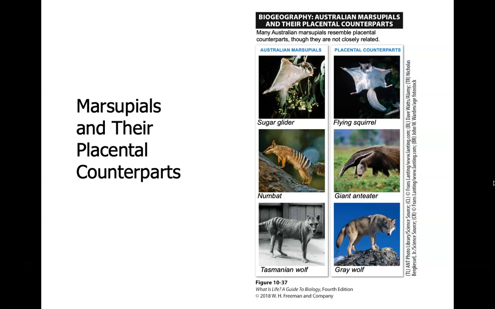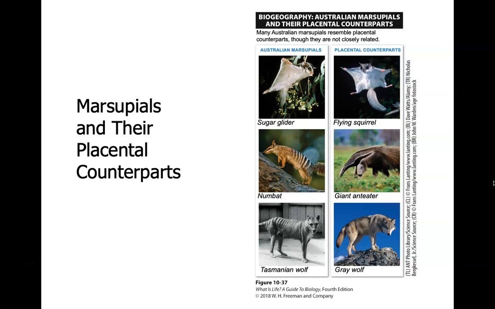Now, if you look at this comparison here, I find this really interesting. These are marsupials and their placental counterparts. Placental means that mammals don't lay their eggs like birds, they keep them inside, and then they birth live young from the mother.